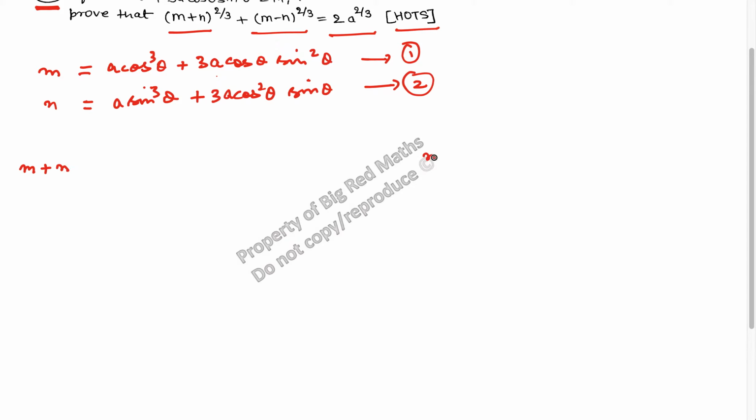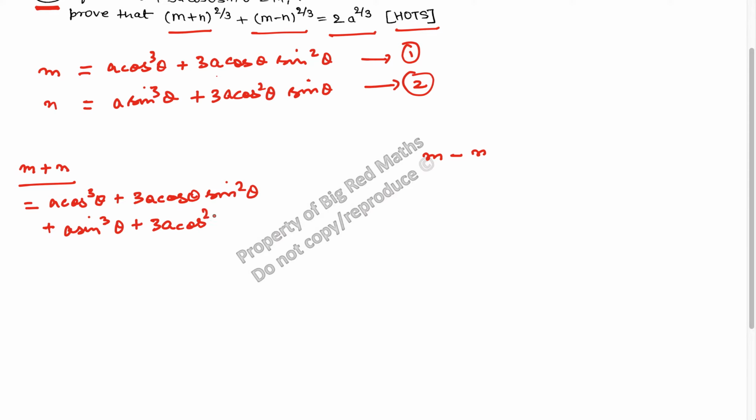Now let's see, I'll put here what is m plus n, and I'll put here what is m minus n. So if you look carefully, m plus n is equal to a cos cube theta plus 3a cos theta sine square theta plus a sine cube theta plus 3a cos square theta sine theta.